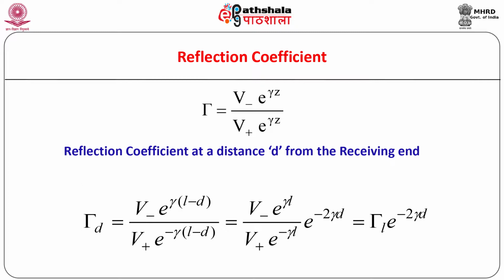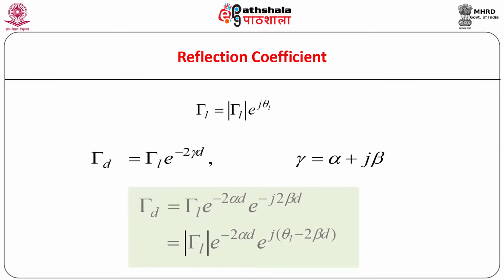For this, one has to simplify the expression for the reflection coefficient at a distance z from the sending end by substituting z equal to L minus d. Using the expression for the reflection coefficient at the receiving end, we can obtain the expression for the reflection coefficient at a distance d from the receiving end in terms of the reflection coefficient at the receiving end as shown.